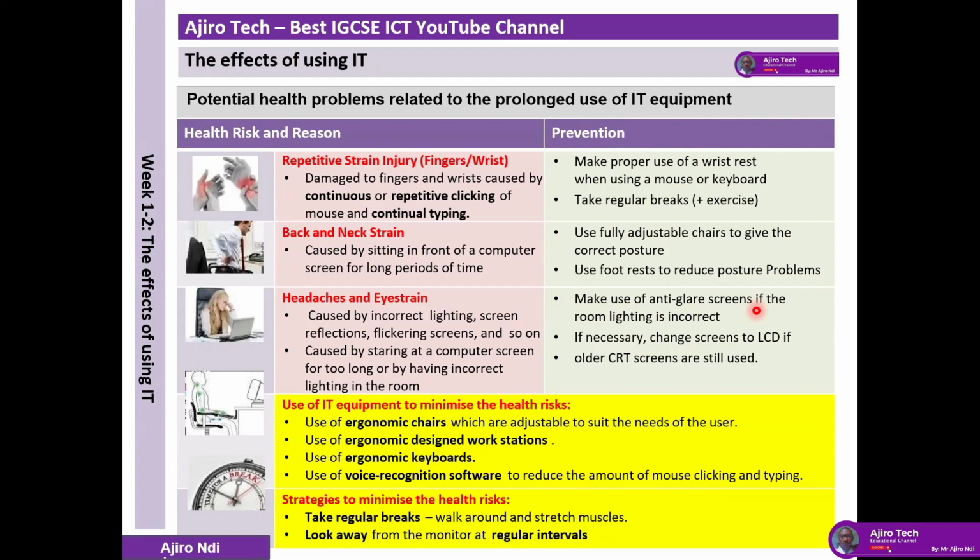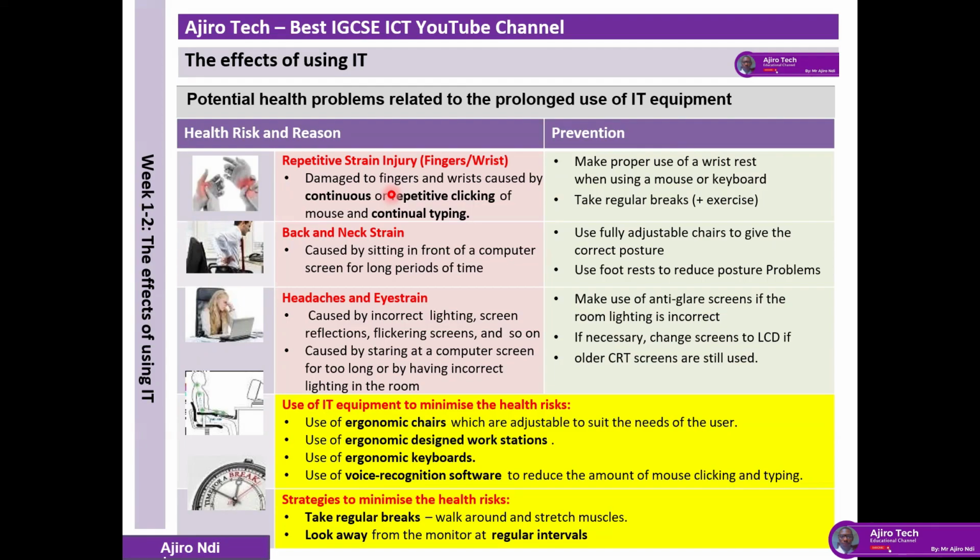That's very important. Then let's talk about the icing of the cake, RSI, repetitive strain injury. This is a common problem. This is a common health risk. What are we talking about? This is damage to the fingers and wrist, which is caused by the continuous or repetitive typing and clicking.